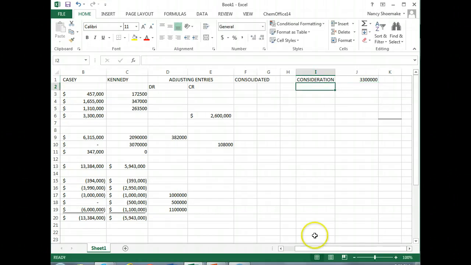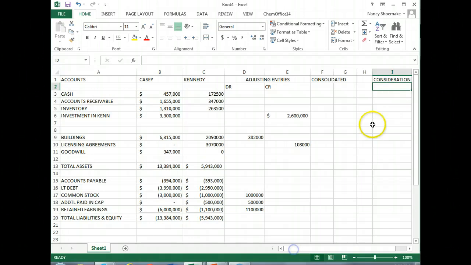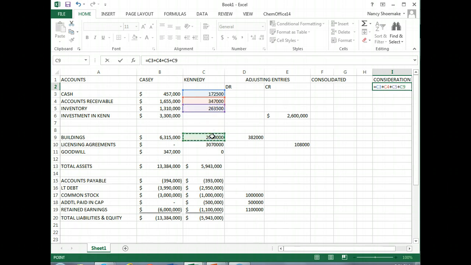What were the assets that were transferred in? They were equal to the cash plus the accounts receivable plus the inventory plus the building plus the fair value plus the licensing agreement minus the new value in the licensing agreement, right?